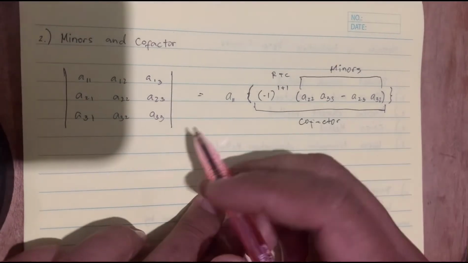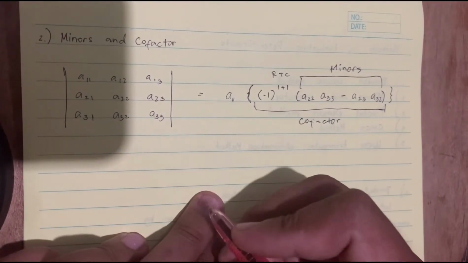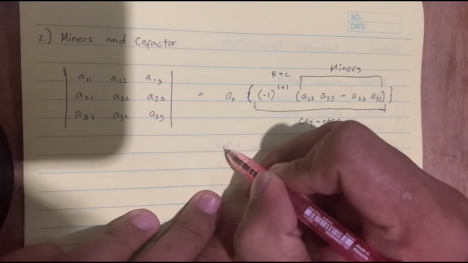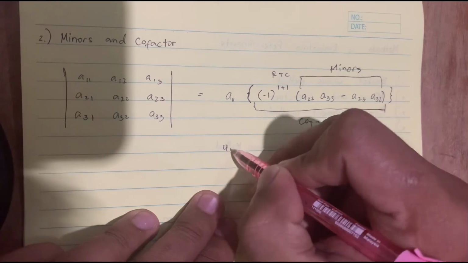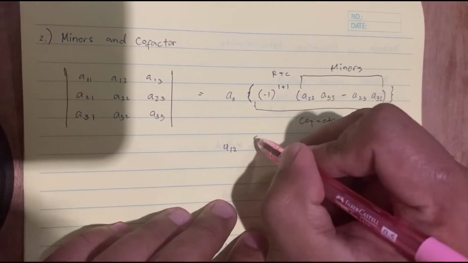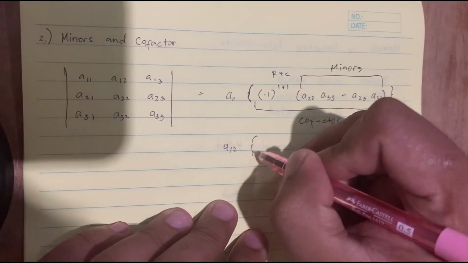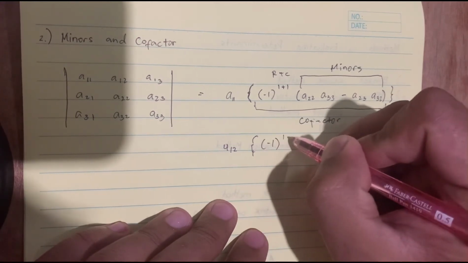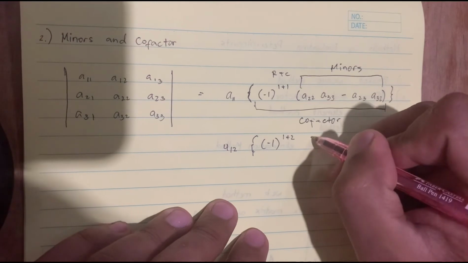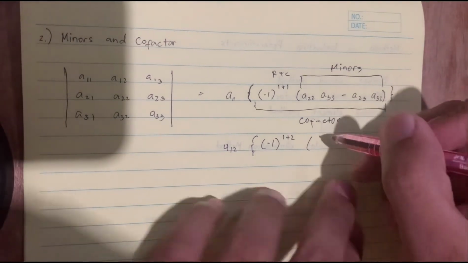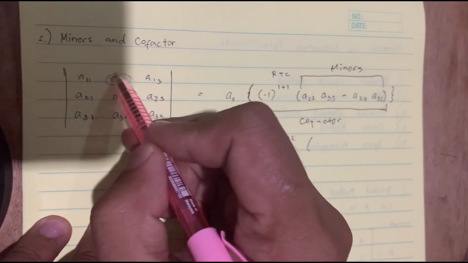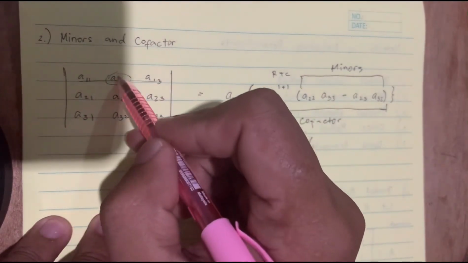Ano naman daw yung cofactor ng A12? A12. Simply negative 1, 1 plus 2. Minors niya ay neglect natin to.